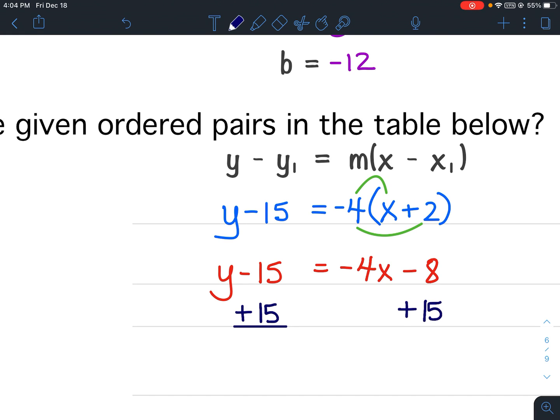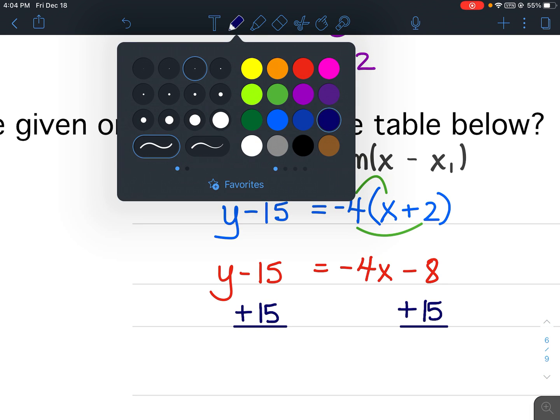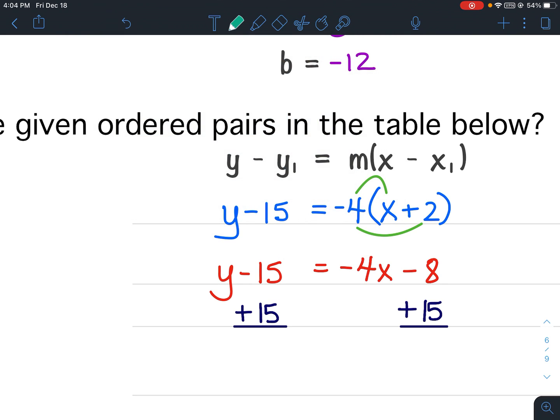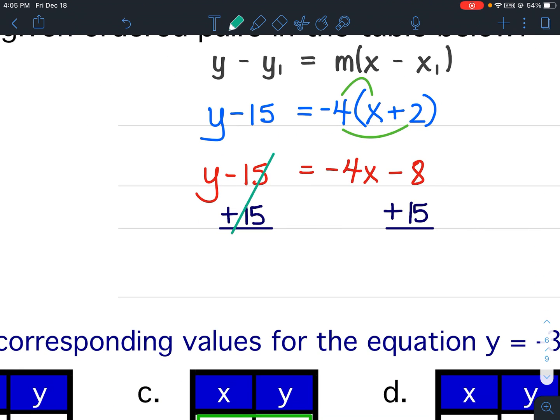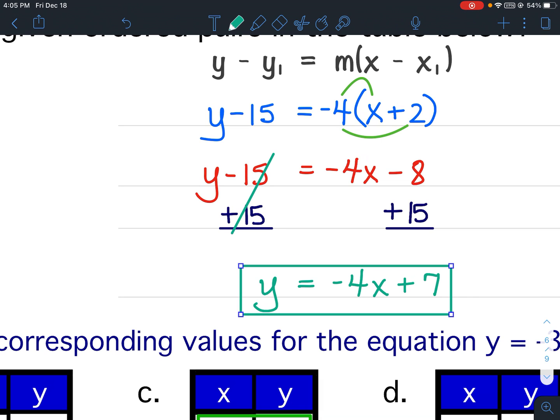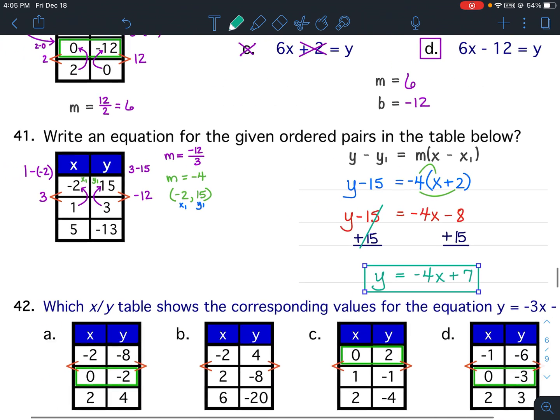So that will give me a final answer of y equals negative 4x, negative 8 plus 15, or 15 minus 8, is positive 7. And that is it for 41.